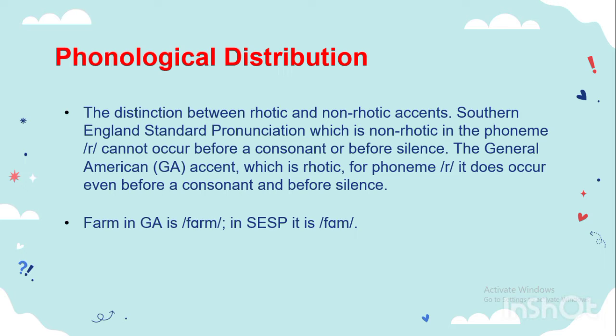This difference is simply distributional. For example, the word farm in general American accent is pronounced with the r, meanwhile in SESP it is pronounced without it. There is no difference in the inventories of phonemes in the two accents, nor necessarily a difference in phonetic form, merely a difference in the distribution of that particular phoneme.